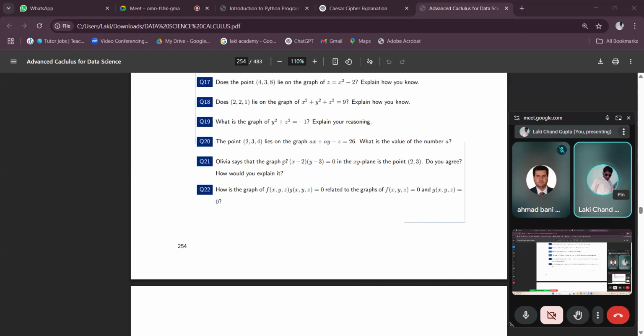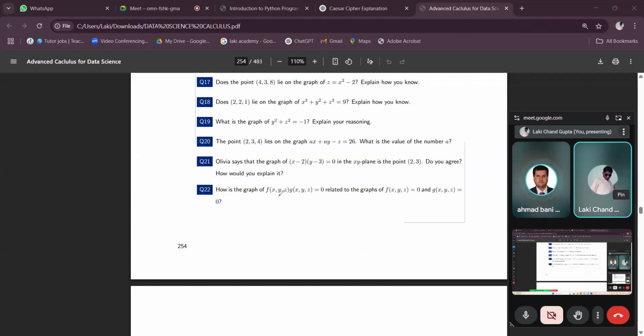Olivia says that the graph of this in the xy plane is the point 2, 3. Do you agree with this? Yes. Why? Because on putting 2 it is 0 and the right hand side is 0. On putting 3 again you are getting 0, which satisfies the equation, right?